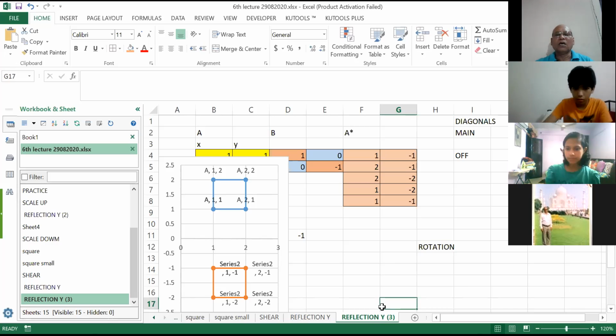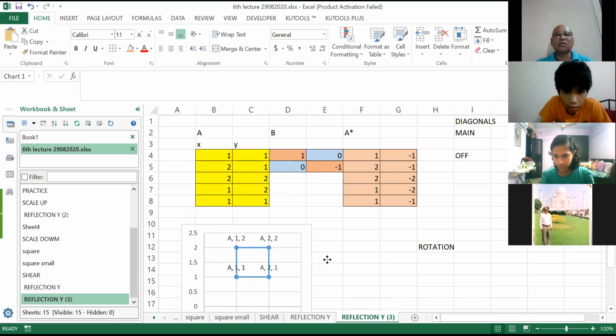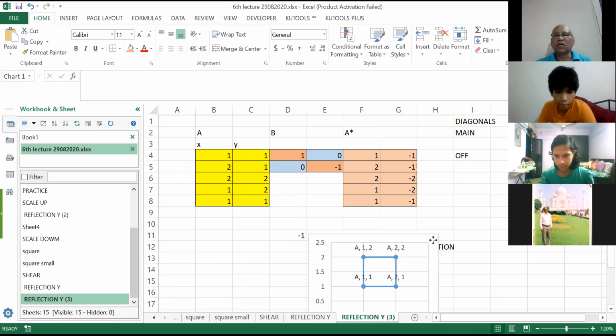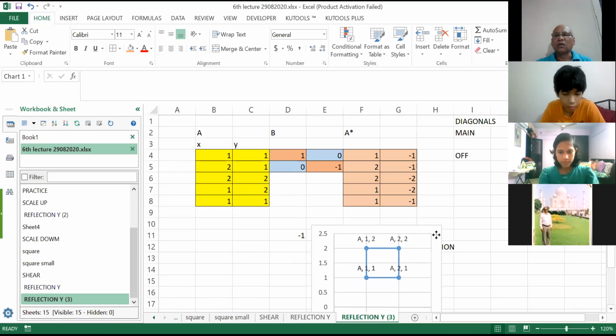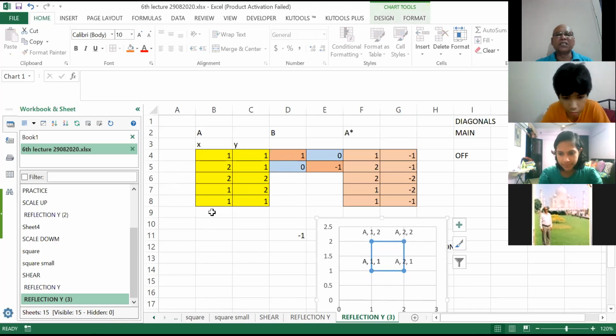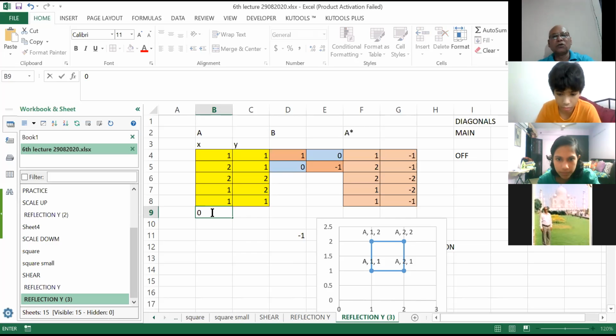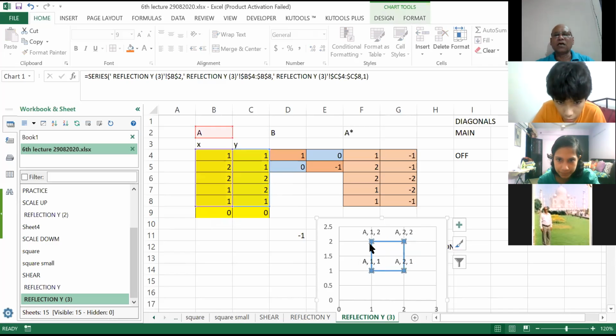This rotation will take place about the origin, so we will include the origin in our box. It will be a kite-like thing, rotating around the origin. So I will put 0 and 0 here, and then add that to our figure.